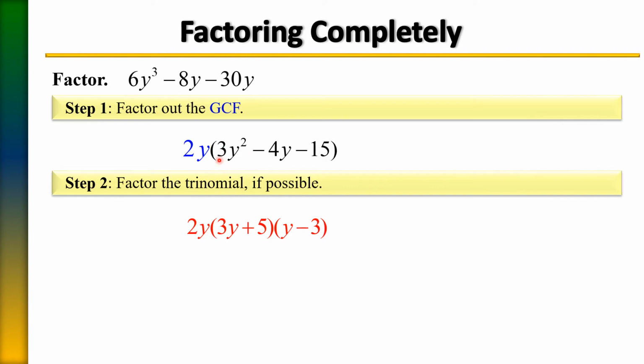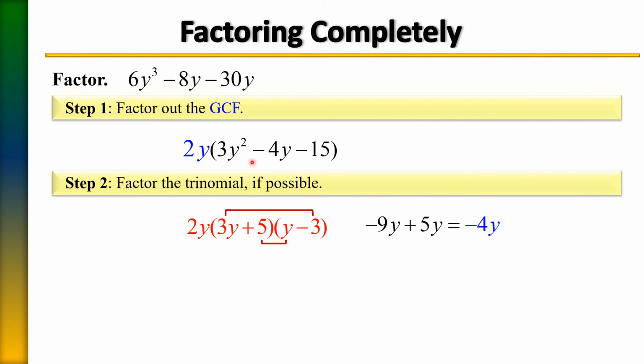When the coefficient is some number other than 1, this larger number refers to outer and inner, and here's what I mean. So if I multiply outer, 3y times negative 3 is going to give me negative 9y. And then inner is 5y. And notice here that my larger number is negative 9, and it is negative. And my smaller number is positive.